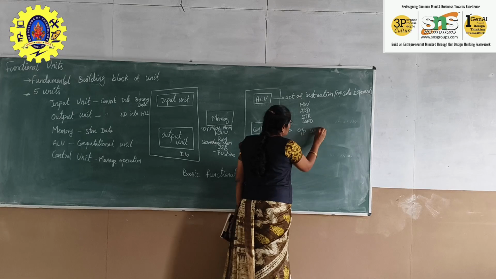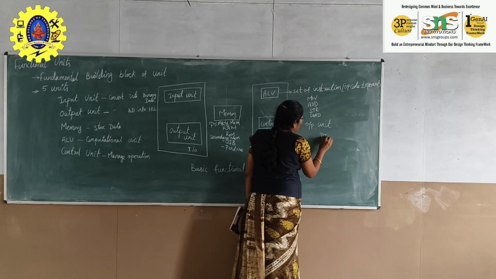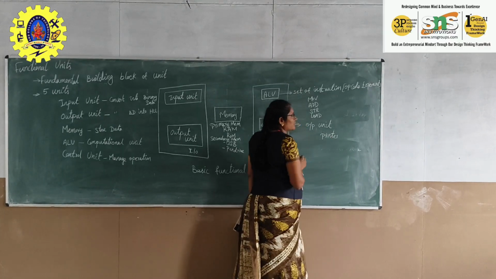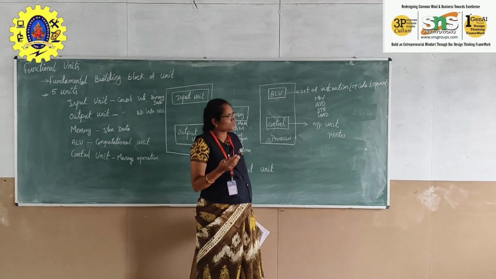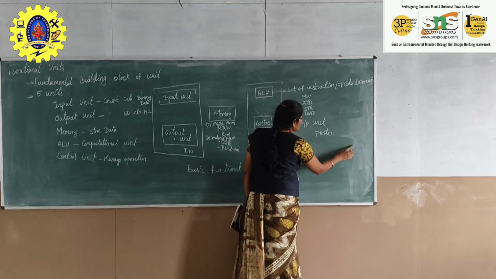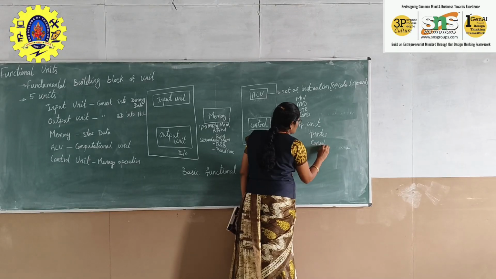The output unit, as we already discussed, may be a printer. If we want a printout, we send it to the printer to print it. If I just want to see it on the screen, then we may use the console.